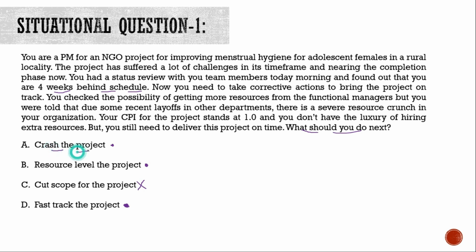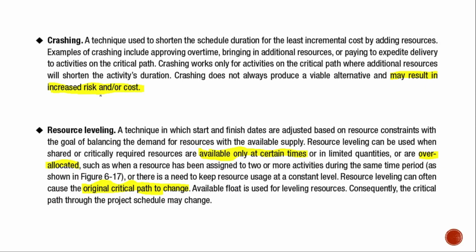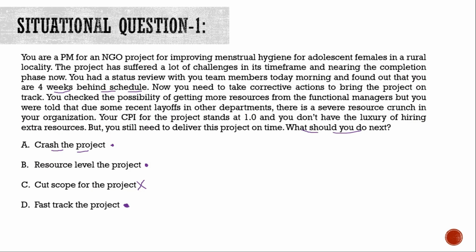Now if you see the definition of crashing the project guys, crashing is a technique which is used to shorten the schedule. Okay, but you should also note that it may result in increased cost or increased risk. Now in this question, it says that your CPI of the project is 1 and you do not have the luxury of hiring extra resources. Okay, so you cannot hire extra resources from outside.